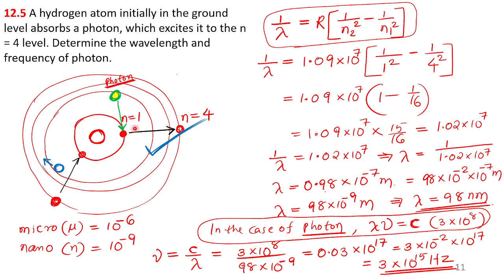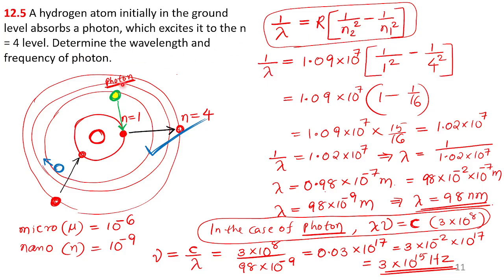The electron will be jumping from one state to another state. n1 and n2 represent those numbers. In both cases of jumping, this formula is valid.